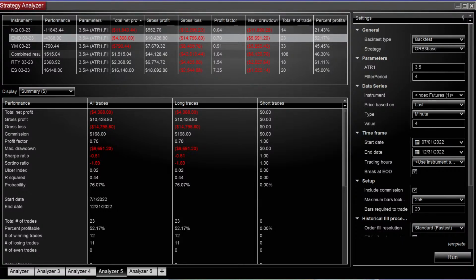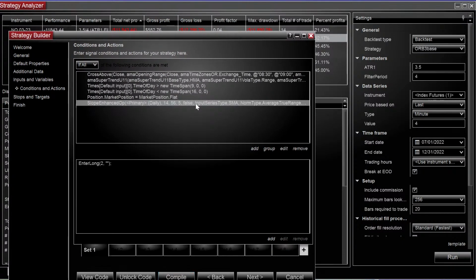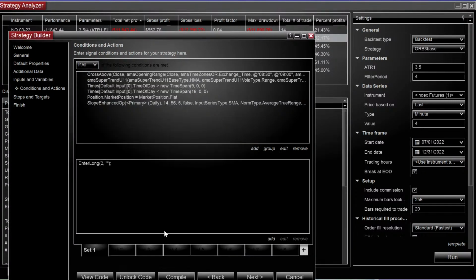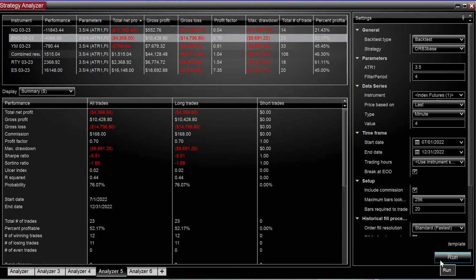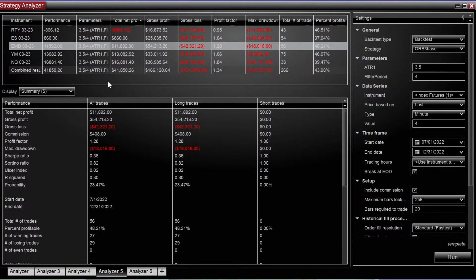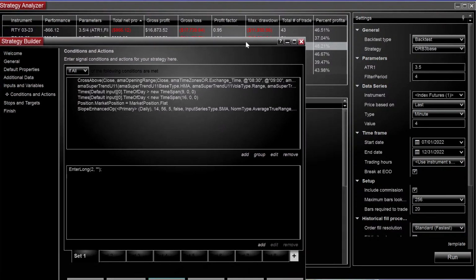So very, very over filtering. We can move it down to 0.1. That should give us some more trades. It gave us some more trades, but still very over filtering.